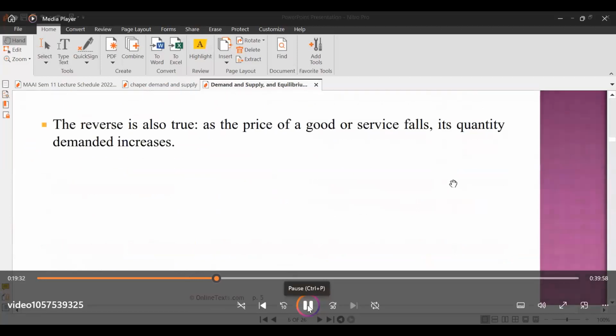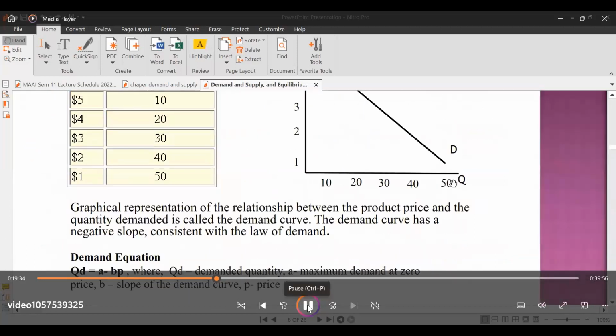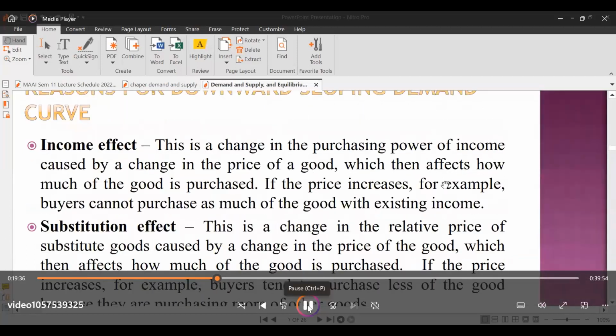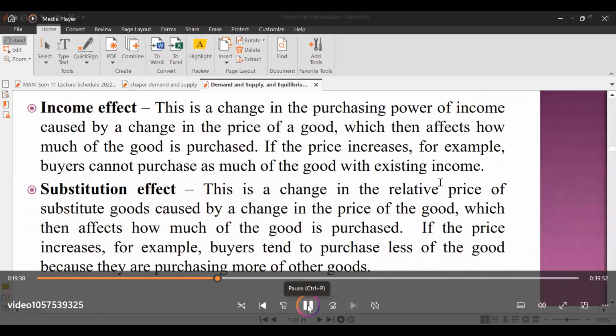When there is a price increase, why will the quantity fall back? Why is there an inverse relationship between price and quantity?